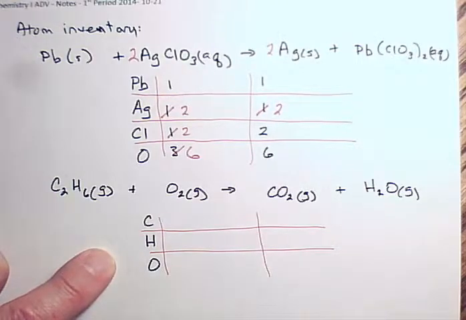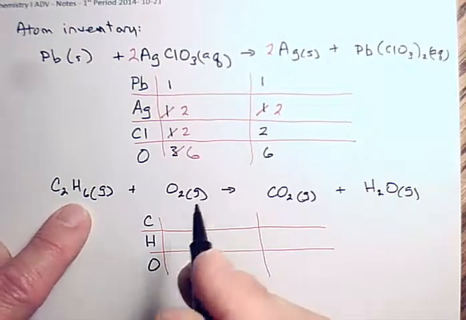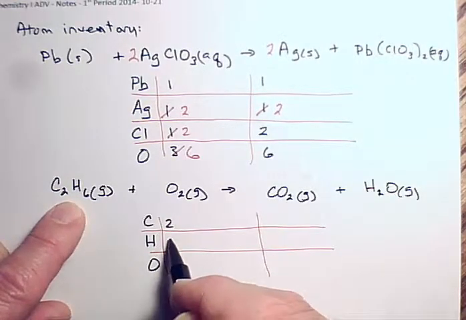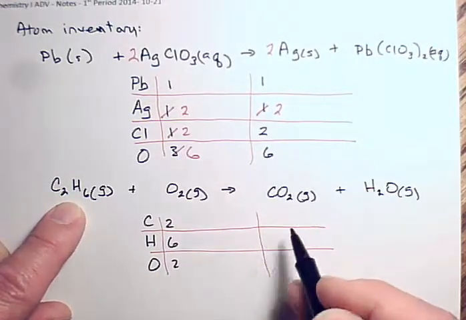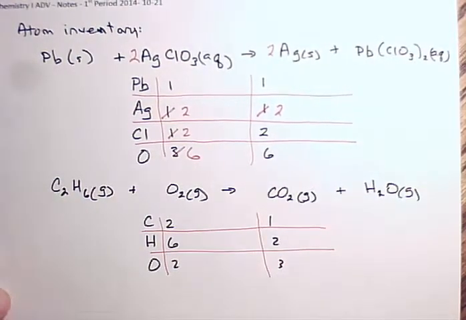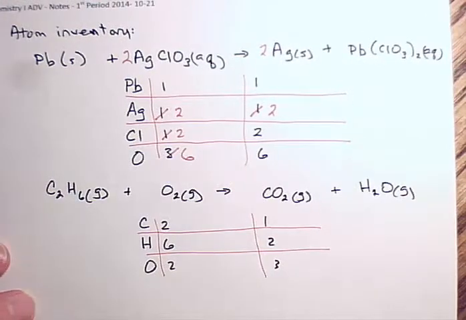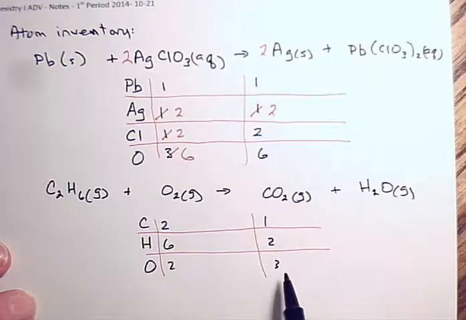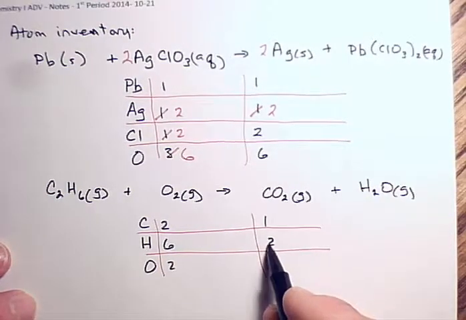How many carbons do I have to start with? Hydrogens, oxygen. On this side, 1, 2, 3. Always starts out 1, 2, 3. And the other side, 1, 2, 3. All right.